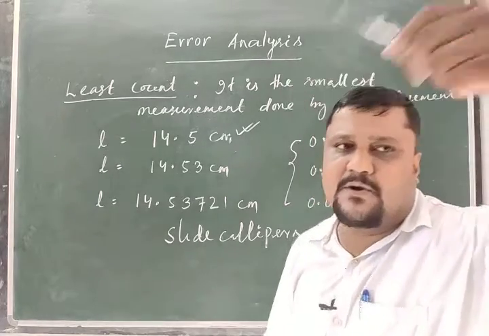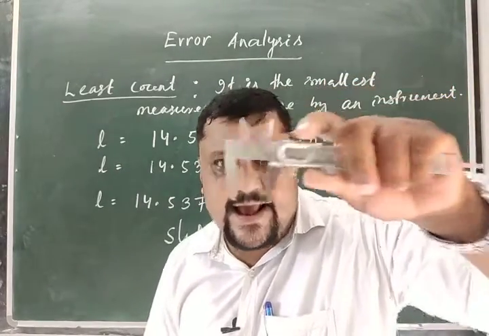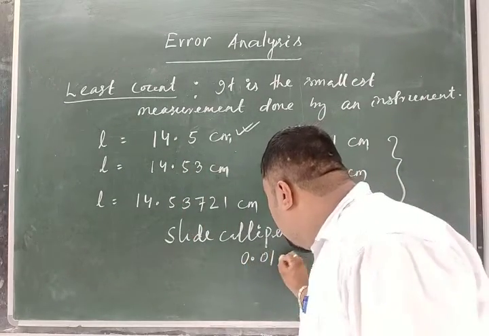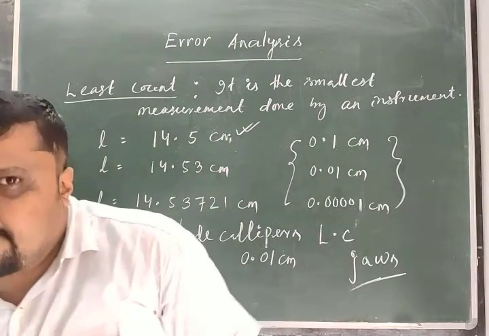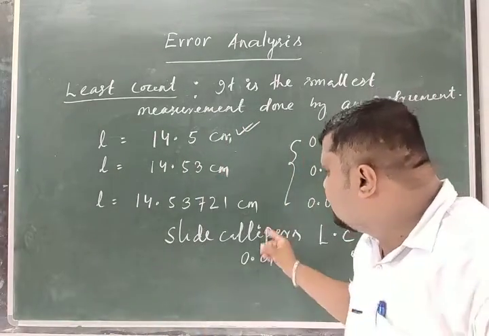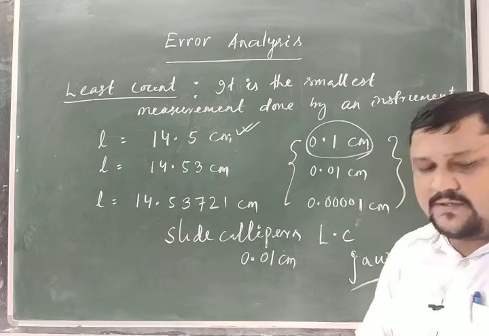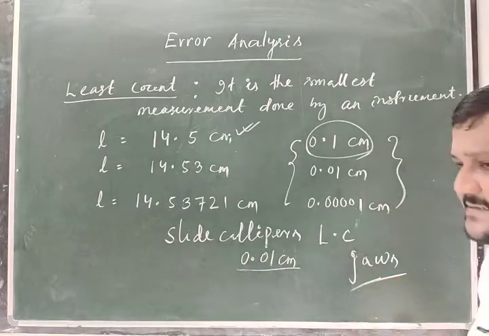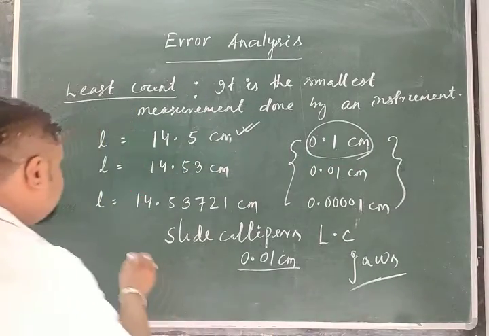We will discuss the device later, but remember, using the slide calipers we can measure down to 0.01 cm, whereas using this meter scale I can measure only down to 0.1 cm. Similarly, another one is the screw gauge.